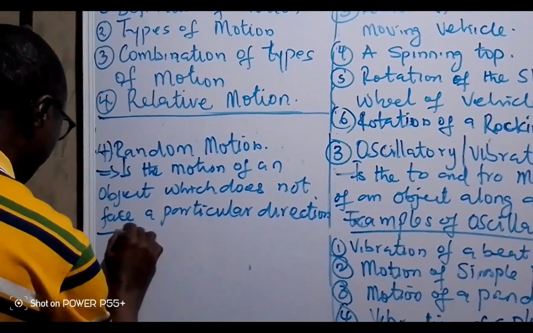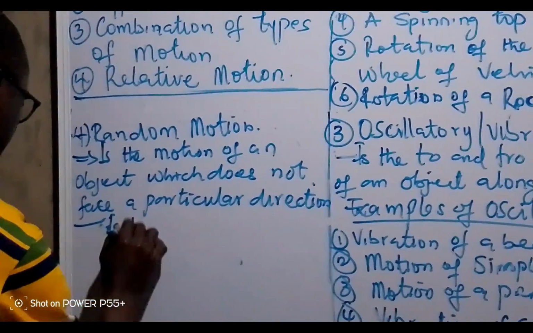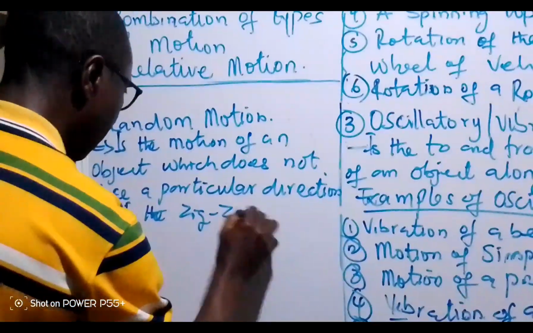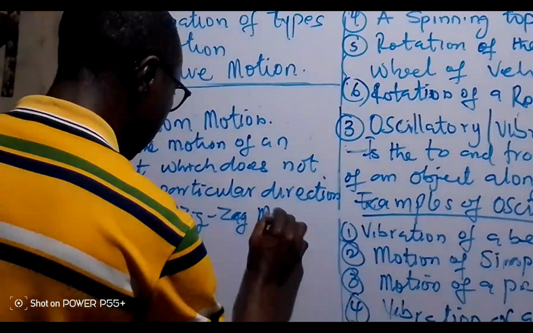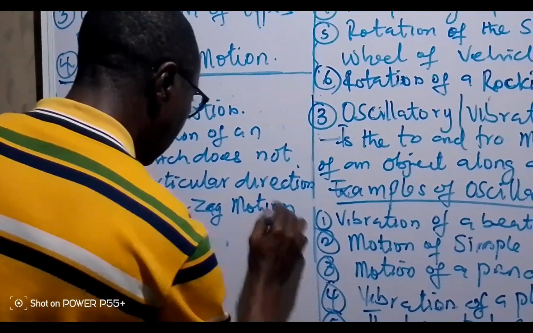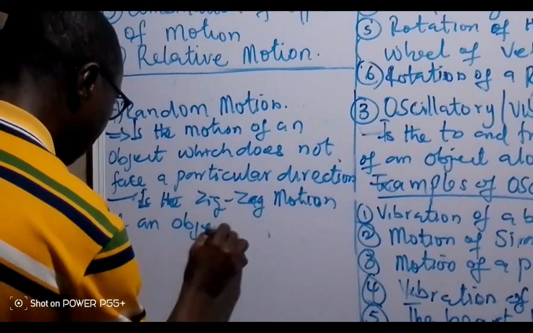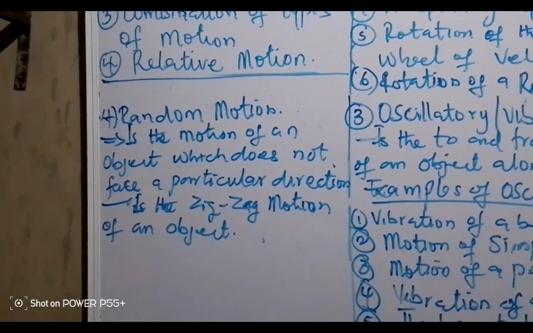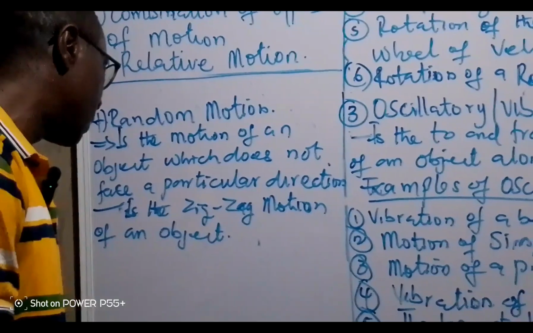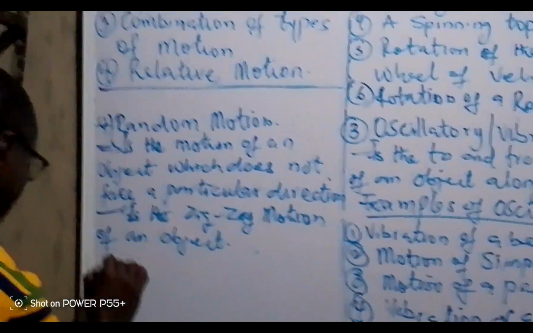It is also known as the zigzag motion of an object. That is random motion. That is, the motion of such an object will not face a particular direction, or the zigzag motion of an object. Examples under random motion.